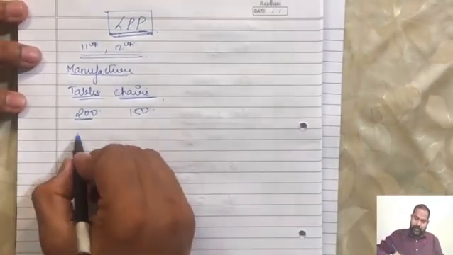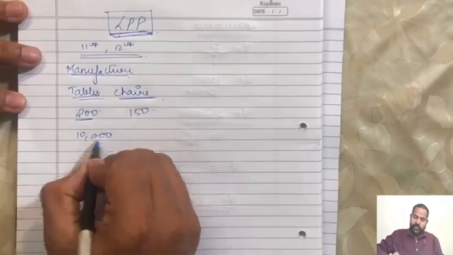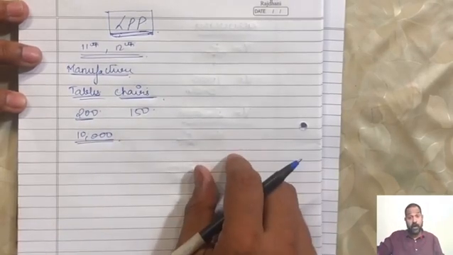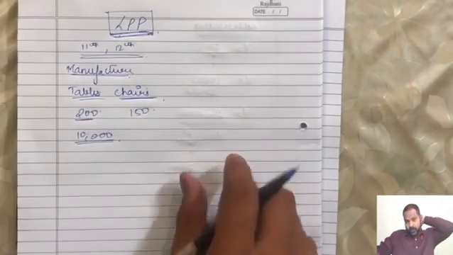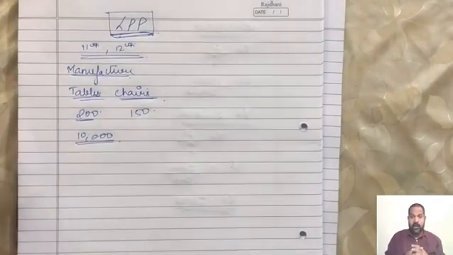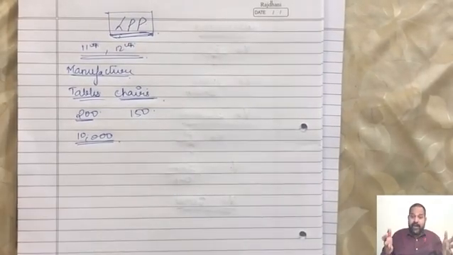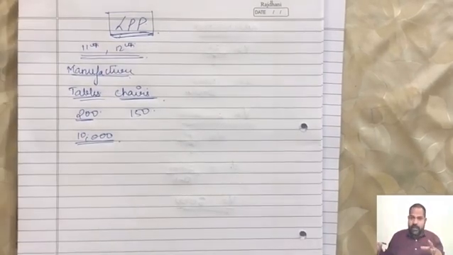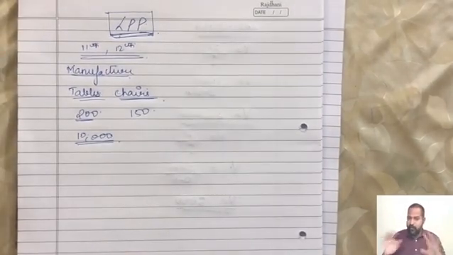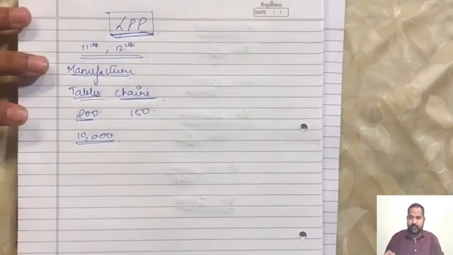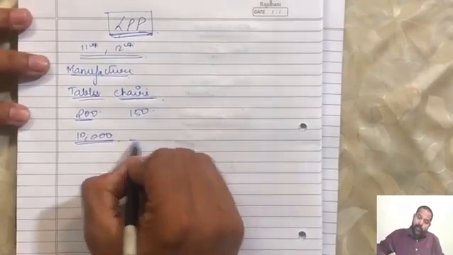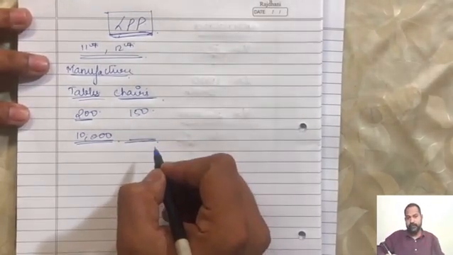Then make 10,000 tables only, don't make chairs. Can't do. Just because tables have more profit doesn't mean I can only make tables. When people buy tables, what will they do? They put tables in their houses and what, stand around them? No, you need chairs. So you have to make chairs as well.